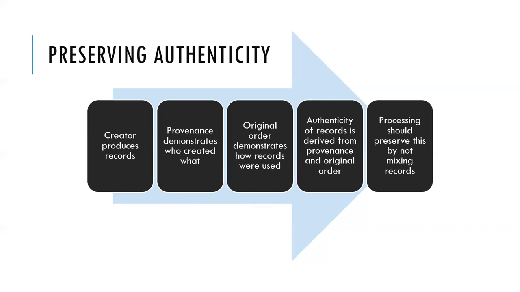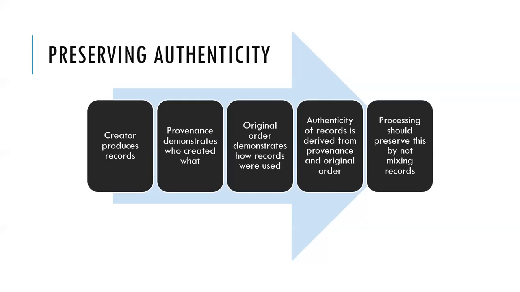Maybe an archivist feels like it makes more sense for materials to be rearranged, or it's helpful for researchers to rearrange records, but that really can undermine this idea of original order, because again, it involves someone having a mediative role and shaping the collection, which can undermine the record's authenticity and undermine the sense of one person as being the provenance of records. So there really is a lot of connection between authenticity and original order.